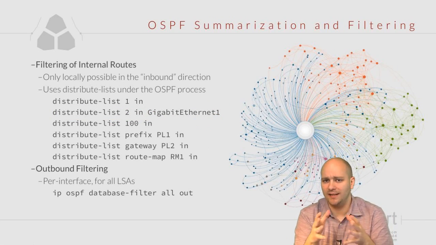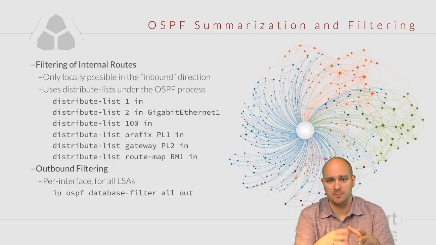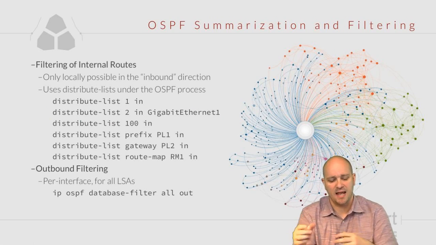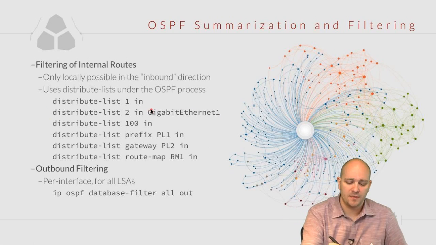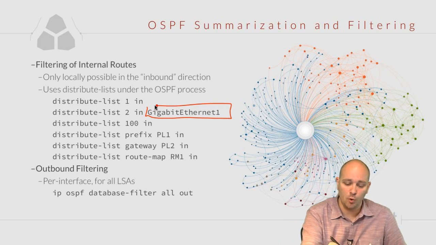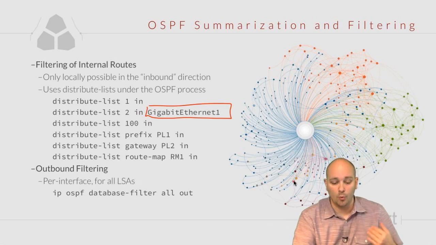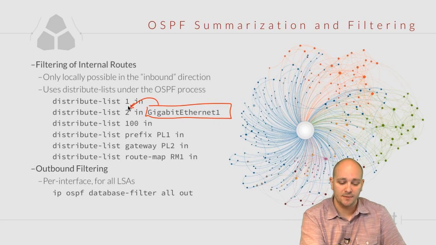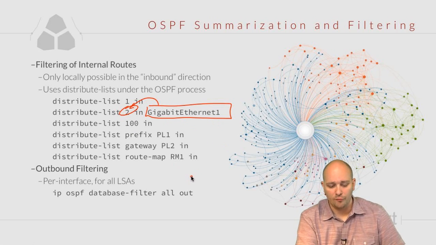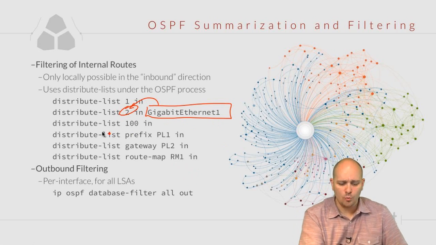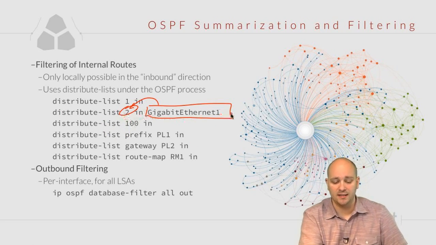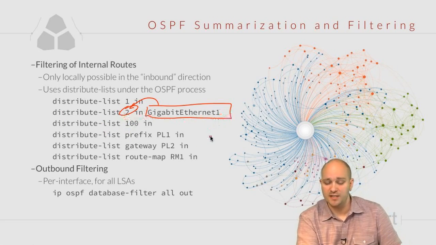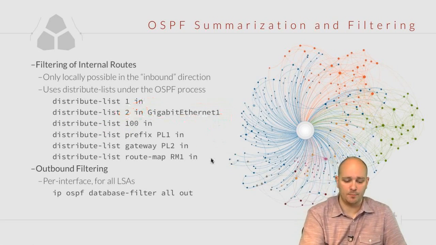But when the routing table is being calculated, when OSPF calculates the best paths, those prefixes that have an exit interface that would be installed in the routing table with the outgoing interface of GigabitEthernet 1 are going to be sent to access list 2 for filtering. And we can use pretty much the same syntax with the prefix list. We could say distribute-list prefix PL2 in GigabitEthernet 1. So it's a very, very similar example there.